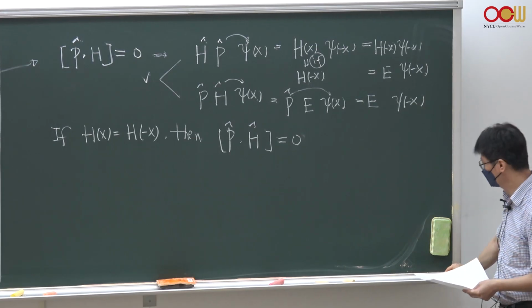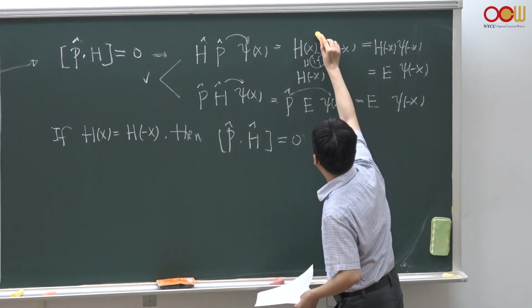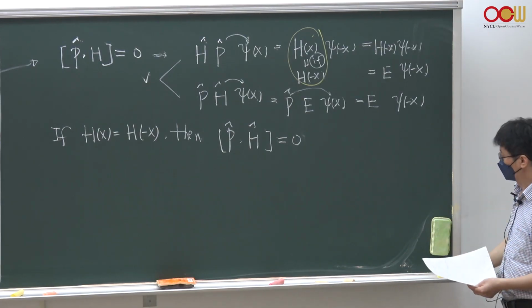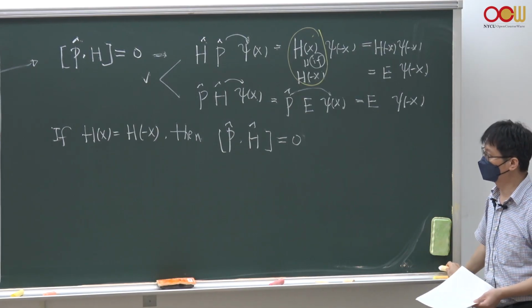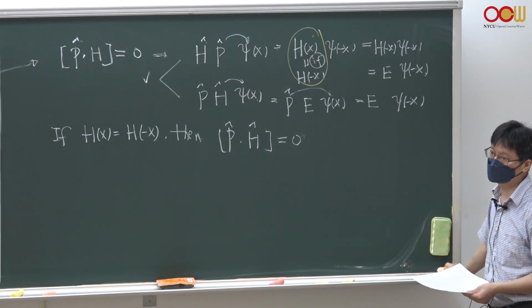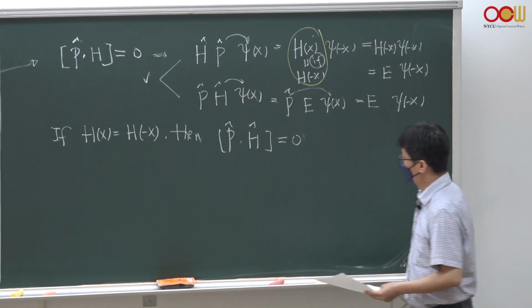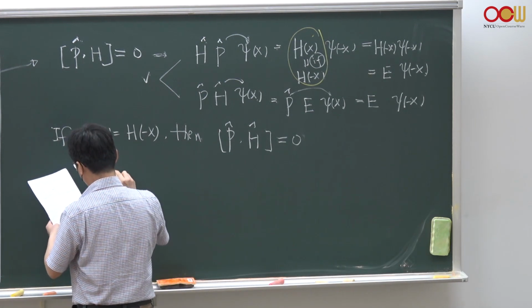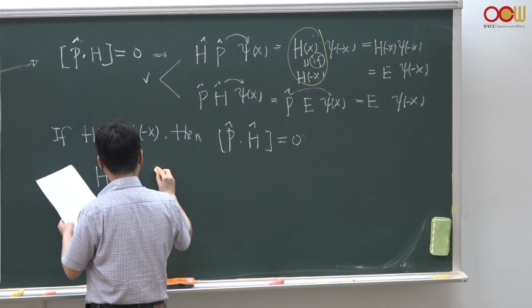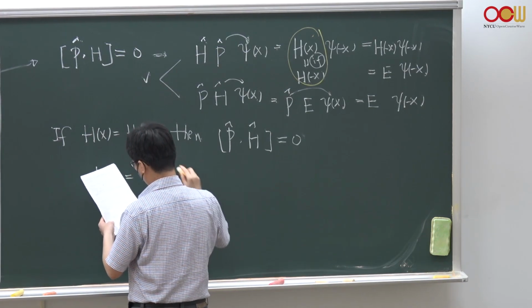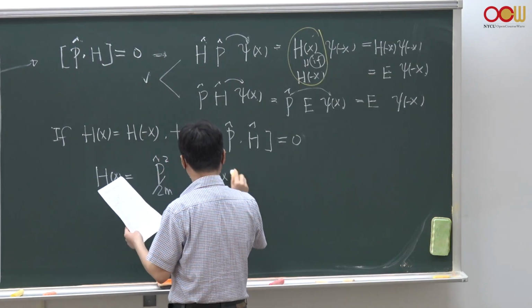Okay, so this is the whole purpose of this derivation and proof, that the condition that we can decouple these even-odd eigenfunctions is that the Hamiltonian itself is parity symmetric. But what does that mean? We know that this Hamiltonian is actually p squared over 2m plus the potential term.